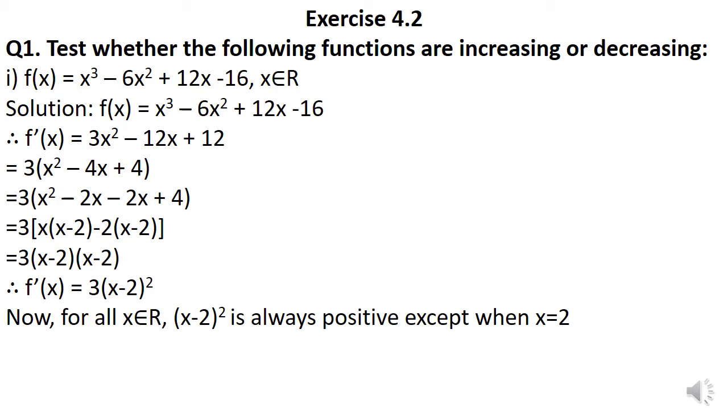Now 0 we cannot consider as positive, isn't it? So for all x belongs to R, (x minus 2) the whole square is always positive except when x is equal to 2. Thus f dash x is greater than 0, that is, f dash x is positive for all x belongs to R except the number 2.